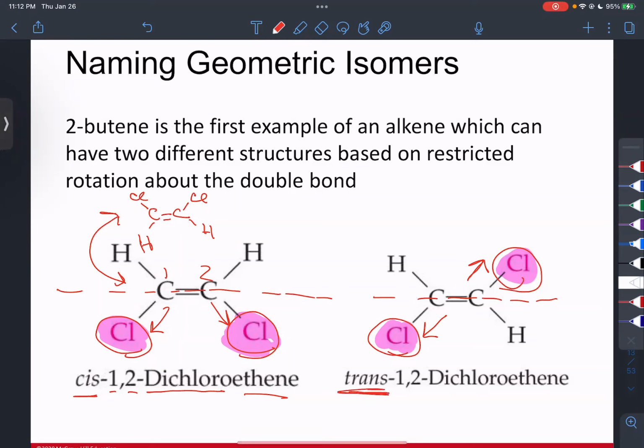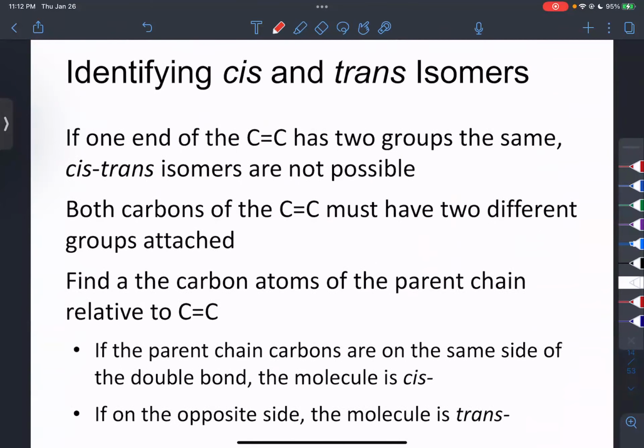And so the trans configuration is possible because you have those two different groups attached to the carbons participating in the carbon-carbon double bond. And we can look at their orientation. So we have a trans-1,2-dichloro, because we have 2 chlorines, and then this is ethene, right? So do some more practice.